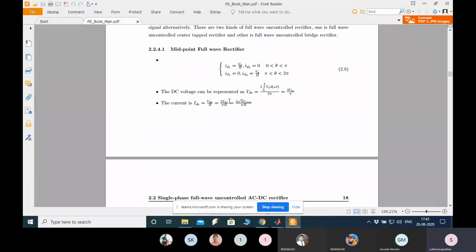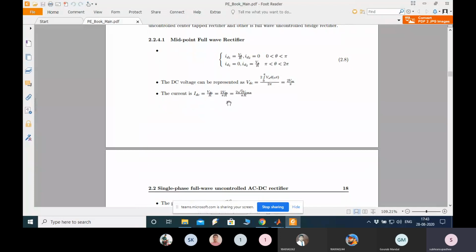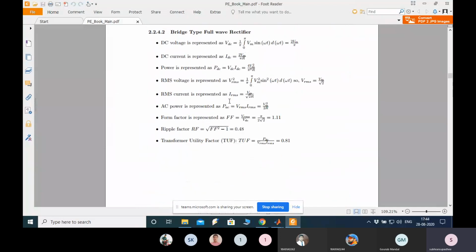Because of the inclusion of multiple number of diodes, the positive half cycle as well as the negative half cycle of the output voltage comes, which increases the efficiency of the full wave rectifier. There are two different types of full wave rectifier. One is a midpoint full wave rectifier, and the second one is a bridge type full wave rectifier. Bridge type is widely used because for midpoint you need a center type transformer. A center type transformer is nothing but where there is a tapping in the secondary axis of the transformer.